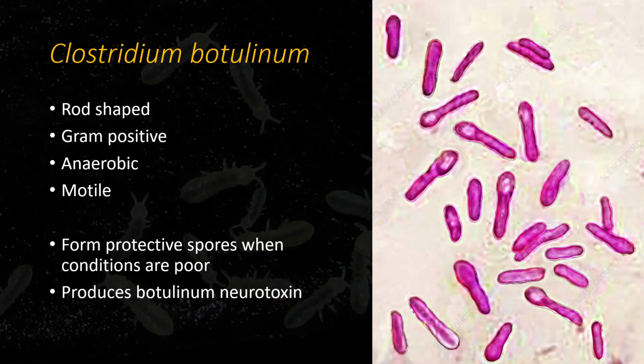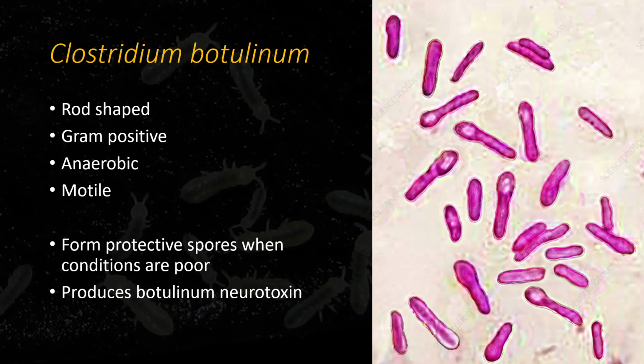Another common soil bacteria is Clostridium botulinum. This is where botulism comes from. These are very common soil bacteria. They're anaerobic, so they're present in micro amounts in the soil, but when they get into an anaerobic environment, they proliferate.